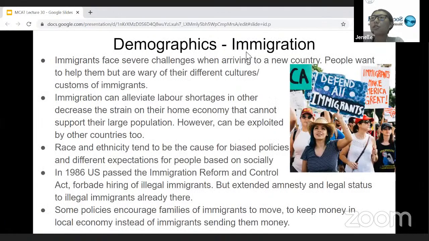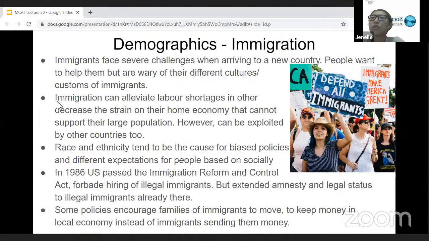And then another group that they separate individuals into is immigration, so immigrants versus not. Immigrants tend to face very severe challenges when arriving in a new country. Many times people do want to help them, but are also wary of their different cultures and customs, which ends up making it hard for many to communicate with them sometimes, and also get along with them.